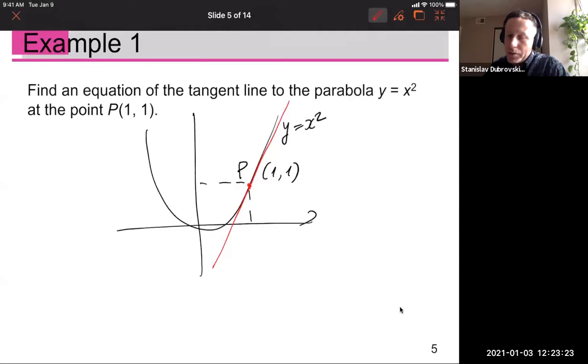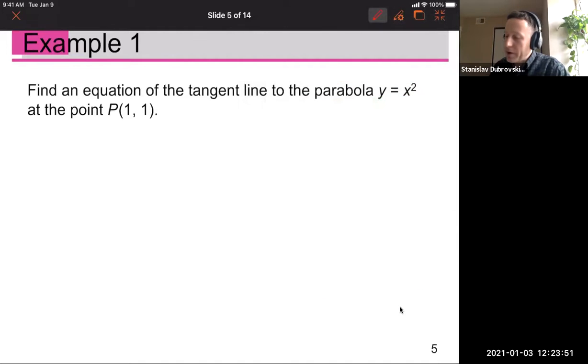Do you have any ideas on how to go about finding the exact equation? Pause your video for a second and think. What are the key missing ingredients? Okay, hopefully you're back now. You realize that one key ingredient we have is the point through which the line passes.